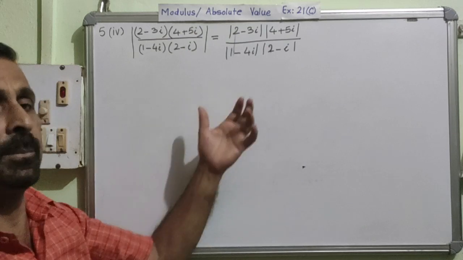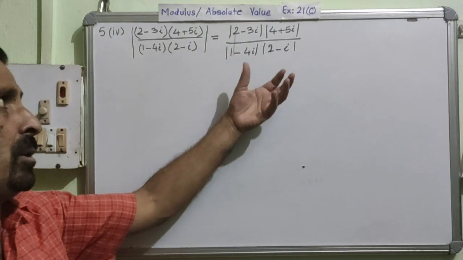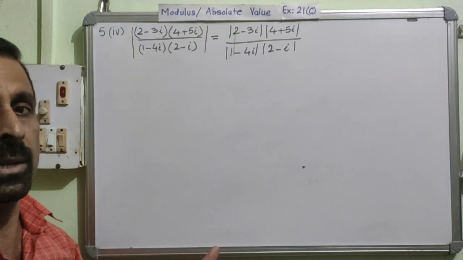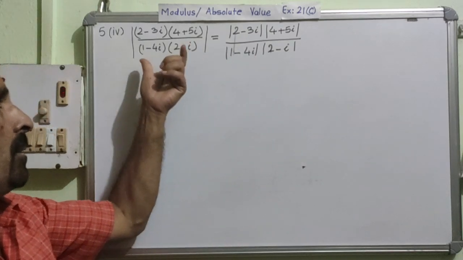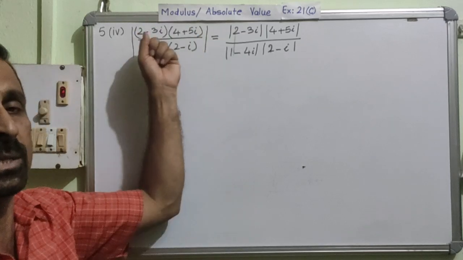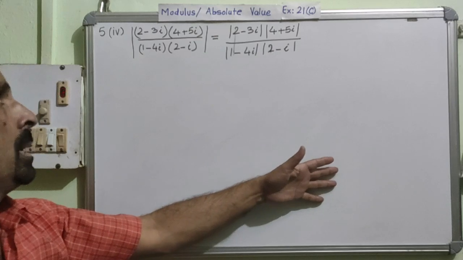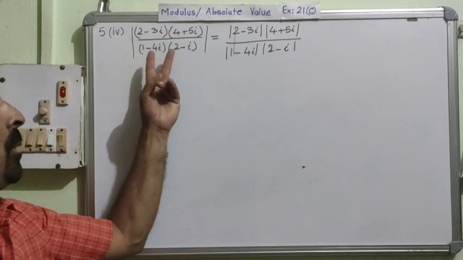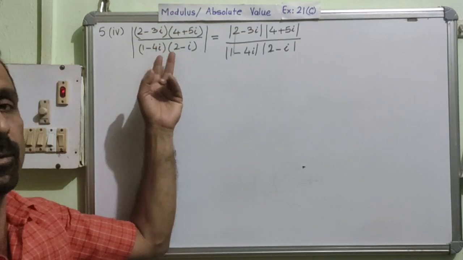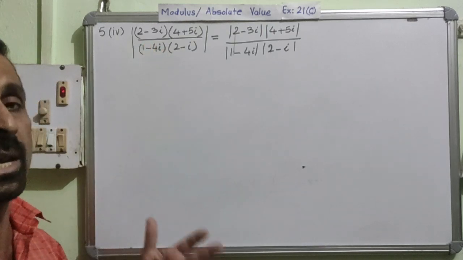There we have to use the property of the modulus of complex numbers. When you use the property, the simplification becomes very simple, very easy. If you calculate the modulus directly, it is going to be quite lengthy and the numbers will be very heavy, because we will multiply these two to get a new complex number for the numerator and a new one for the denominator, and the real numbers will become very big.